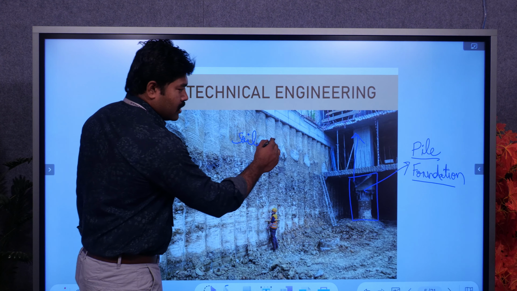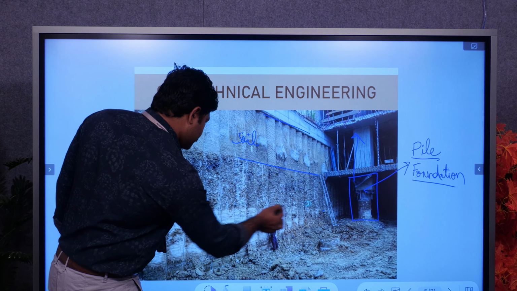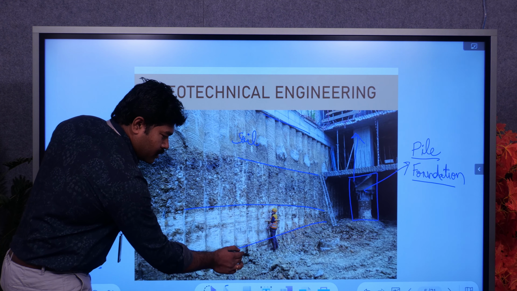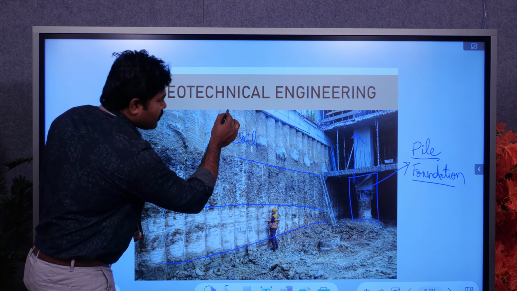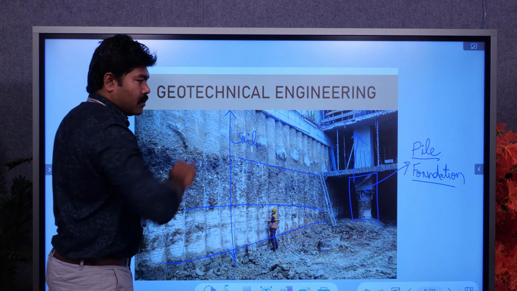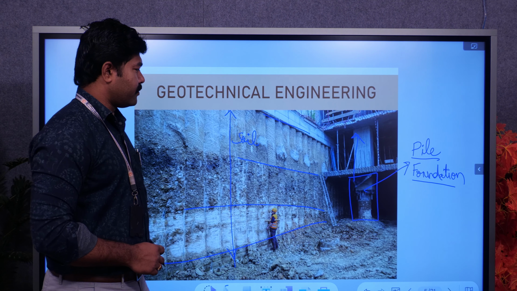Here, if you see, this is not arranged. This is a natural soil stratum. This is the excavated pit up to this depth for constructing a foundation for a structure.